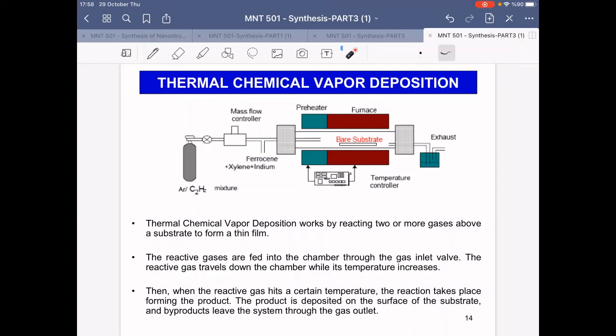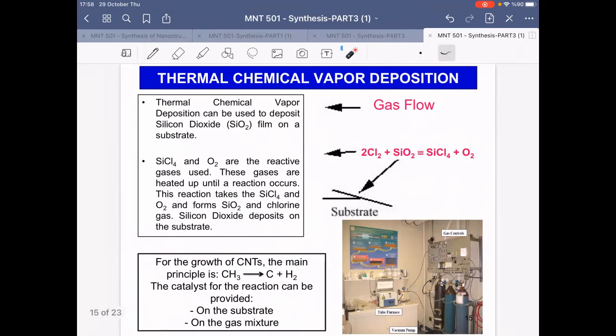The reactive gas travels down the chamber while its temperature increases, and when it hits a certain temperature, which happens here, the reaction takes place, forming a product. So I have a reaction here, and let's say my product is P. The product is deposited on the surface of the substrate because this is where the reaction is happening, and the byproducts leave the system through the gas outlet.